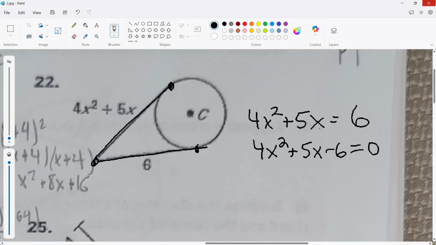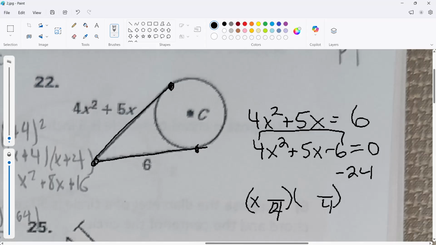I am. Now, I take 4 times 6, negative 6, it's negative 24. I want factors of negative 24, and I put that 4 underneath there. Factors of negative 24 that add to 5. So let's see. 3 times 8, how about that?